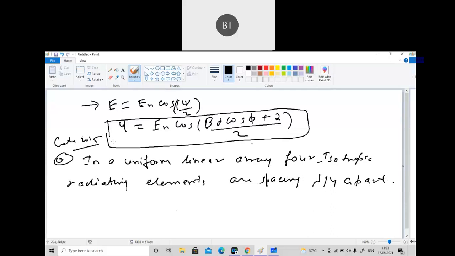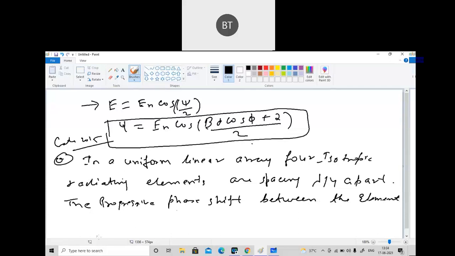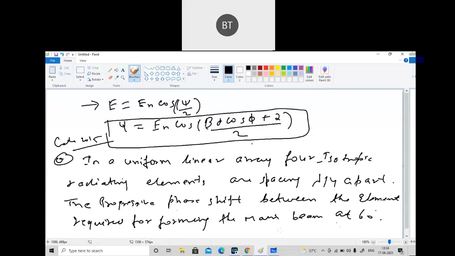So they have asked the progressive phase shift between the elements required for forming the main beam at 60° at the end fire.